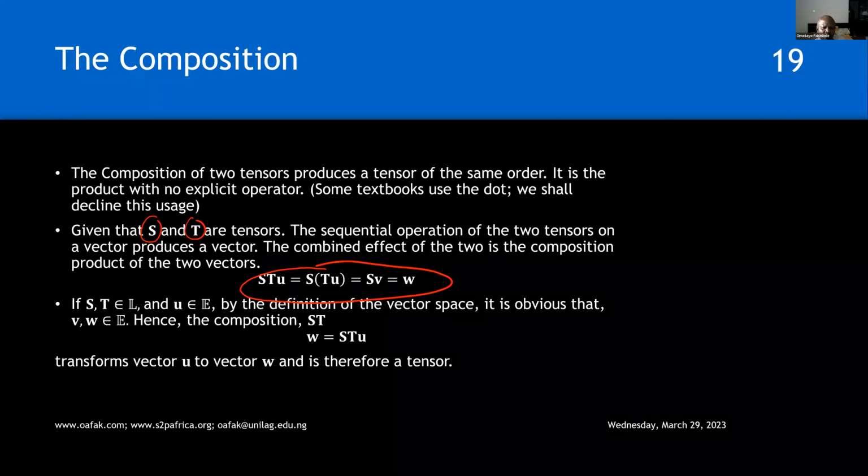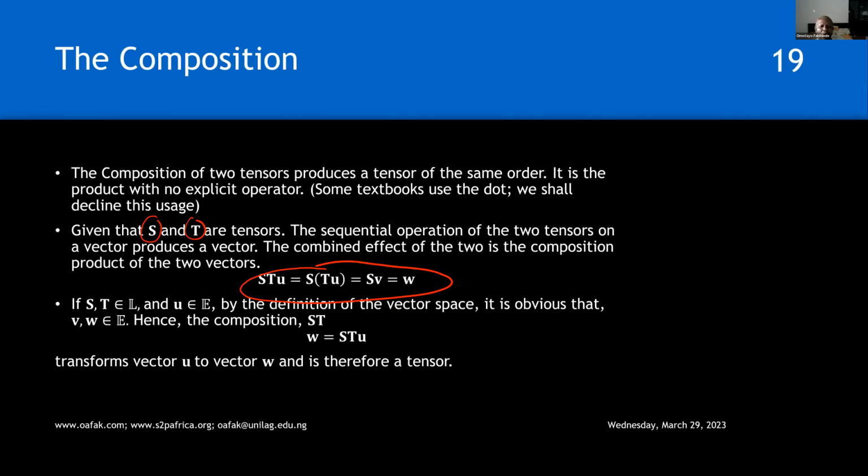Let us say our two tensors are S and T. Let us say you first of all operate T on U. If you operate T on U, you get V. And you now operate S on V to get W. We define that as the operation of the composition ST on U. The composition ST on U is first of all operating T on U, then operating S on the product TU.